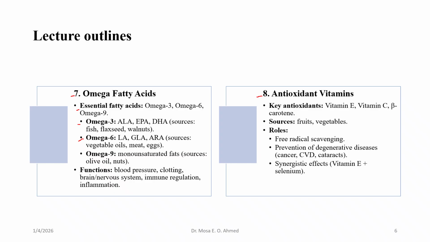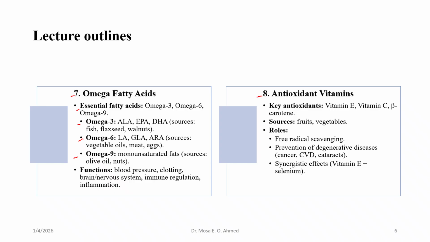Omega-9 fatty acids include monounsaturated fats obtained from olive oil and nuts. And as we mentioned previously, these three types of essential fatty acids are important for blood pressure, the circulatory system, the central nervous system, and immune system modulation.